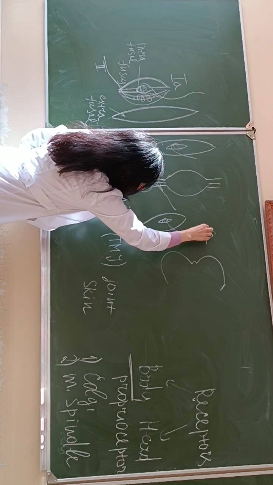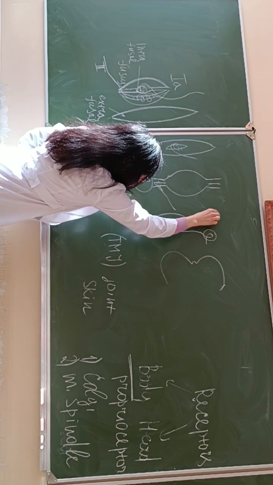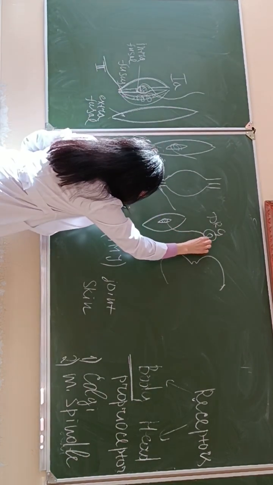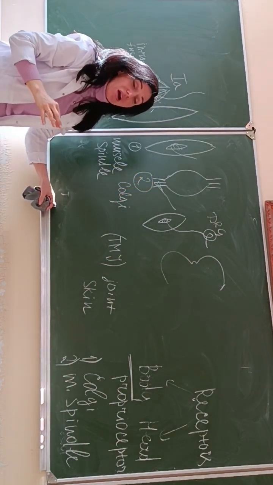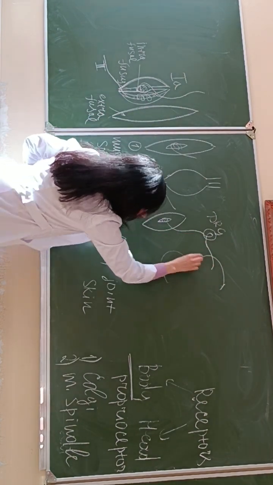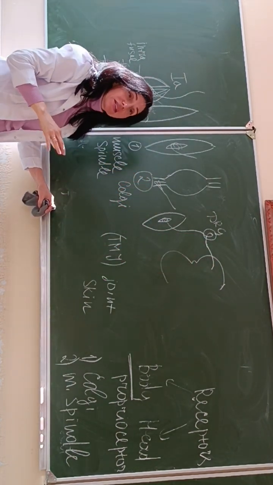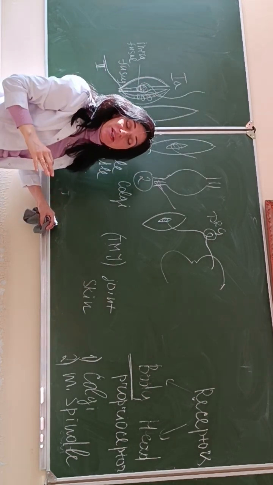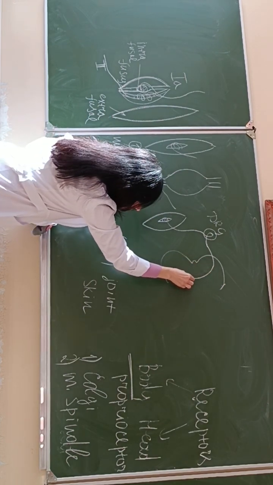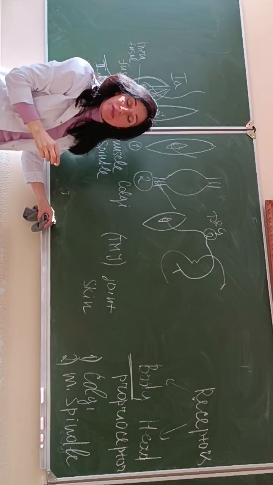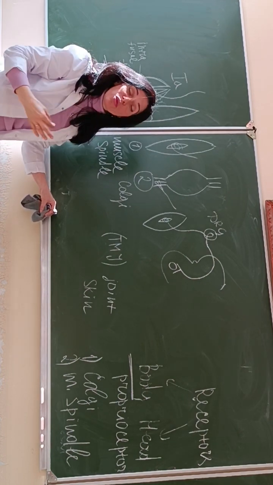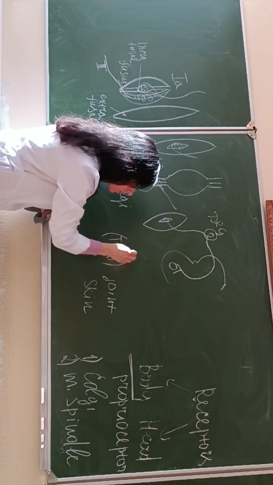The sensory neuron is located in the dorsal root ganglion, then the afferent fiber enters the spinal cord gray matter. In the dorsal horn it doesn't relay, because this reflex is monosynaptic and conveys information directly to the ventral horn, and here relays directly to the alpha motor neuron.